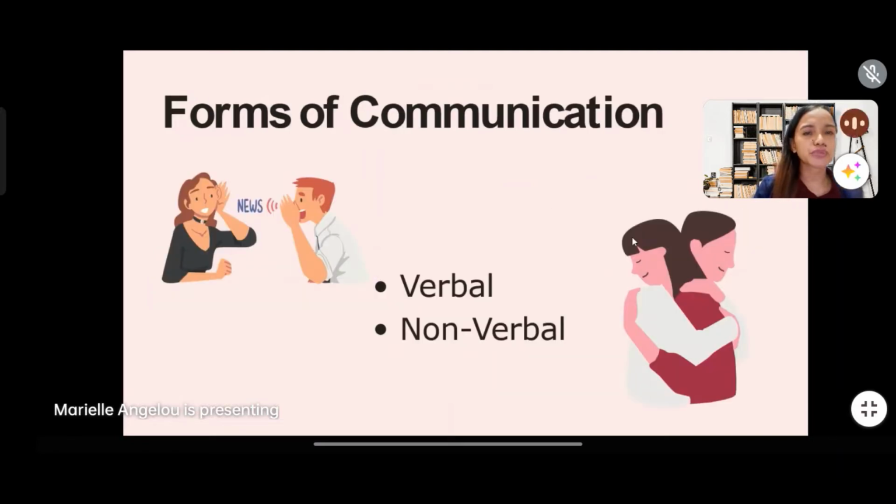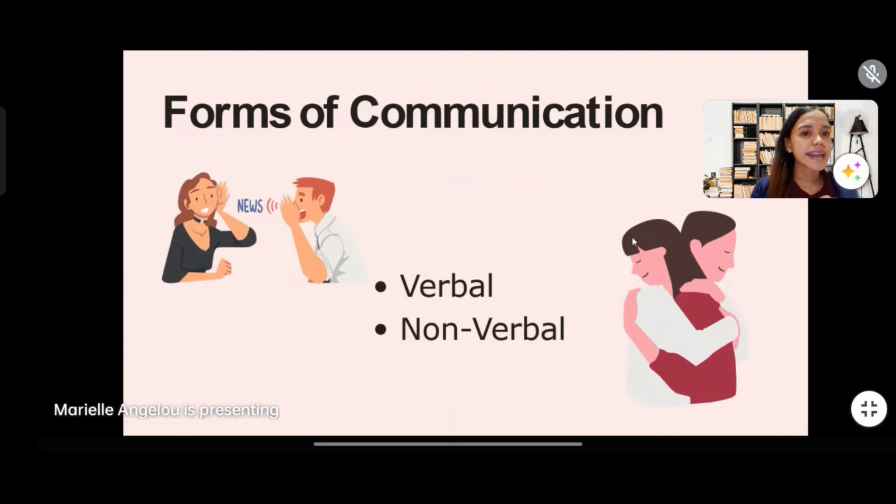Under communication, we have two major forms. We have the verbal and the non-verbal communication. But what is the main difference of these two? Let's have first the verbal. Verbal communication uses words to convey a message. One of the examples of this is writing a letter.